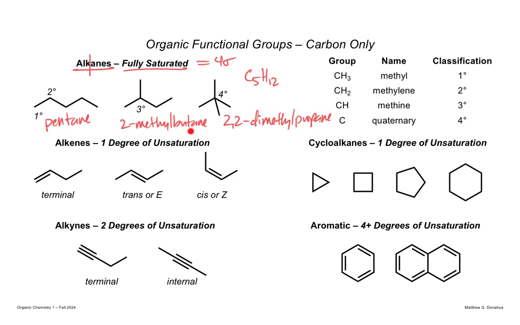The 2-methylbutane, now this one's different. That carbon number 2 is tertiary. We see 1, 2, 3 carbons, a CH, so that's a methine. The 2,2-dimethylpropane, the central carbon at carbon 2, has 1, 2, 3, 4 carbon bonds, so that's quaternary.